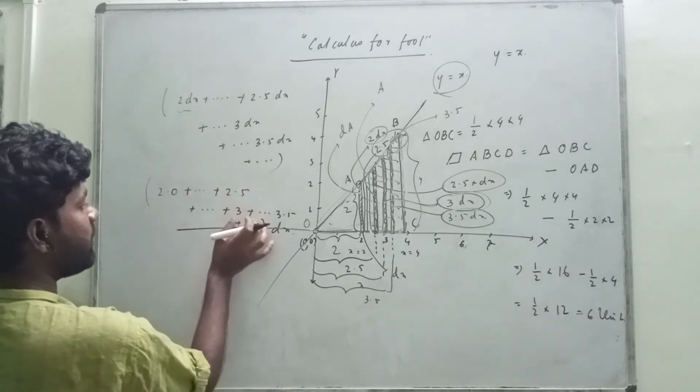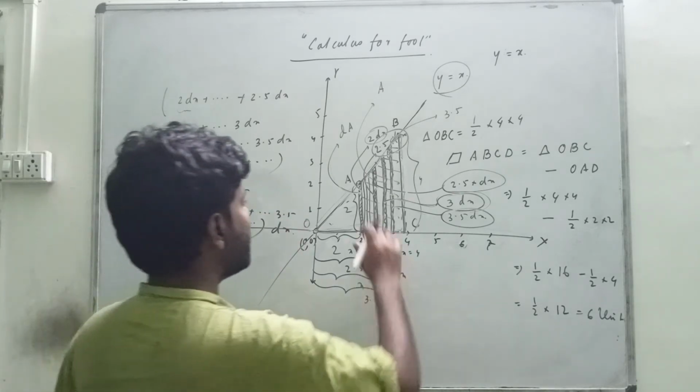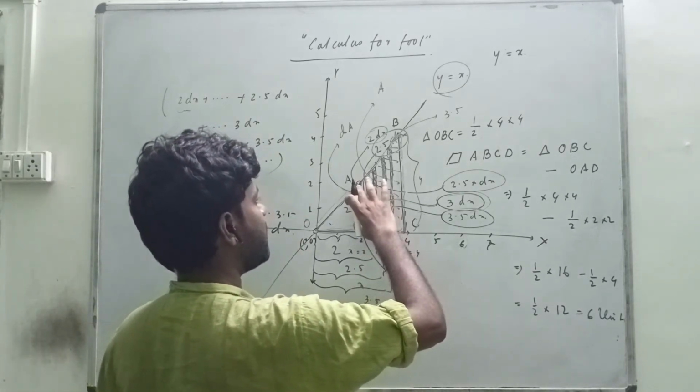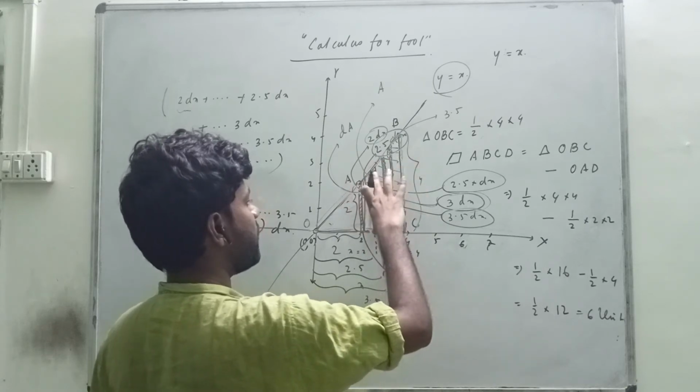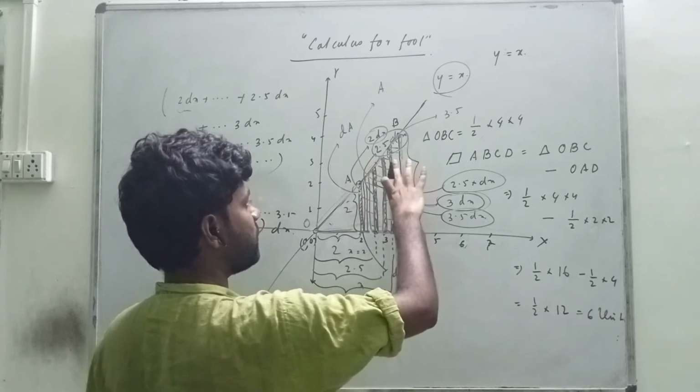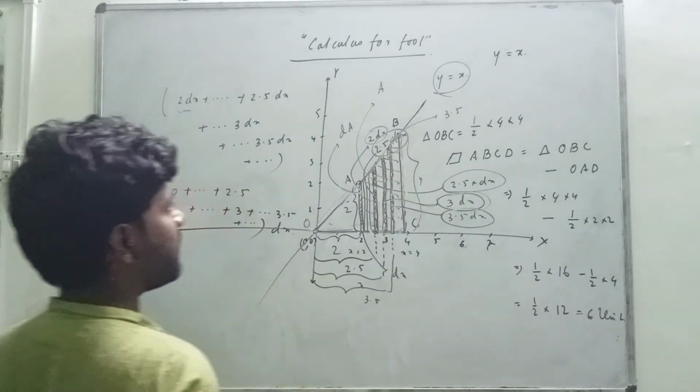2.0, 2.5, 3, 3.5 are just heights, right? It is the height.